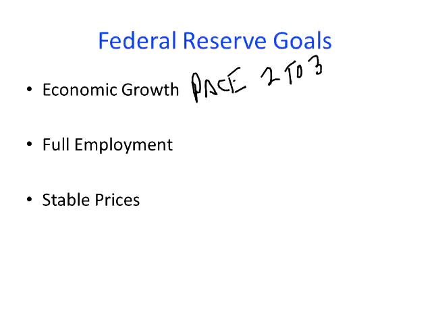I picked this up out of a book that gave these numbers that the Federal Reserve is looking for. Full employment. When they talk about full employment, what are they saying is full employment? 3% to 5% is considered full employment. So, 3 to 5% unemployment is acceptable.